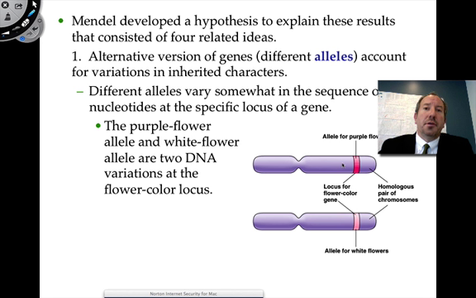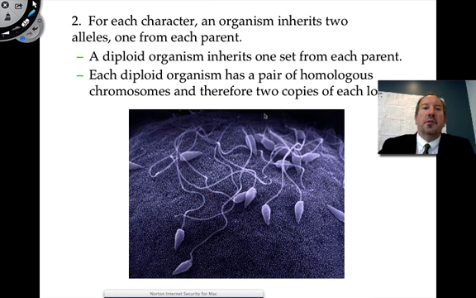In a pure plant, it was purple, purple, and a pure white would be little p, or white, white, and then a hybrid would be purple and white. Taking this a little further, each diploid organism inherits one from each parent, and each of those gets segregated into the gametes.